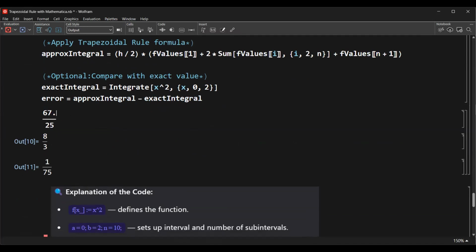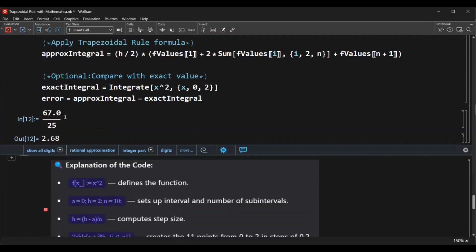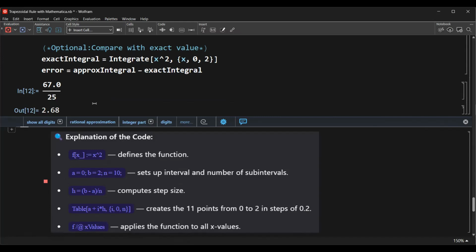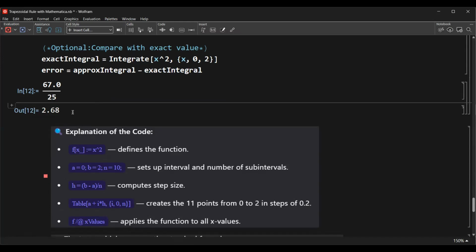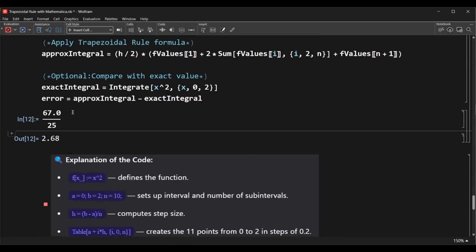So this is 2.68, and this is the approximate integral.